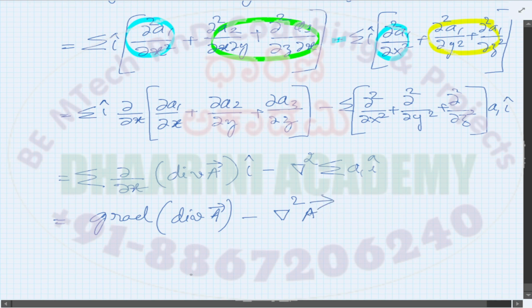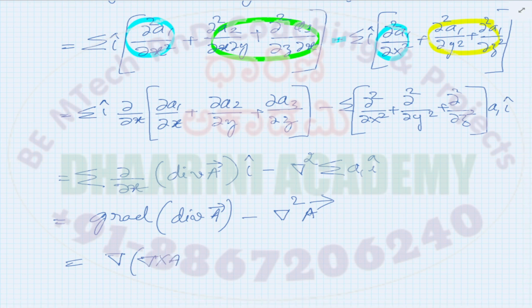So I can write this as, therefore this is equal to, already we have written this in this format, this is del of del dot A, sorry, it's not a cross product, it is a dot product. Allow me to correct.